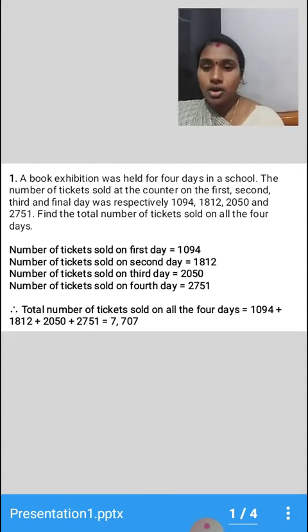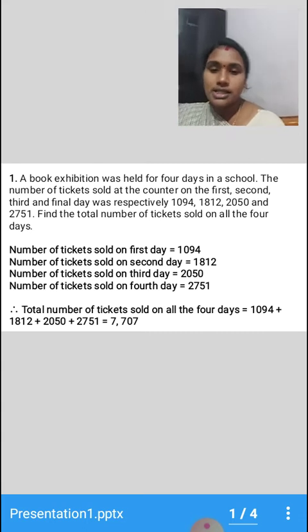Number of tickets sold on the third day is 2050. Number of tickets sold on fourth day is equal to 2751. So since I don't have space here, I have written all in the same line.